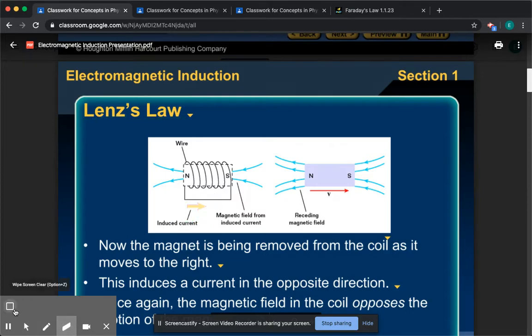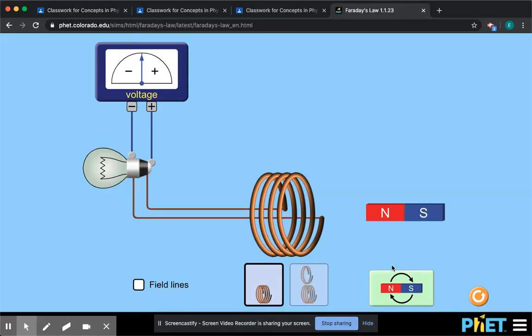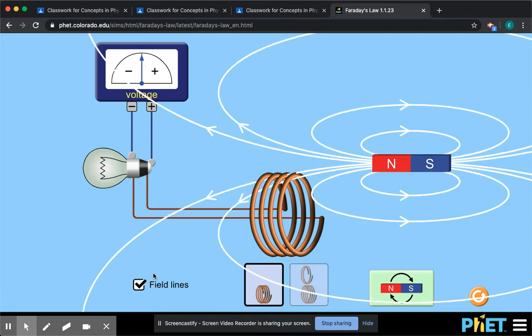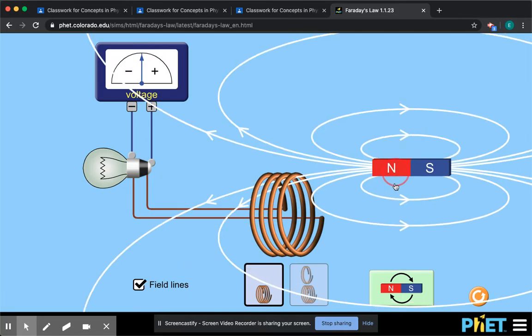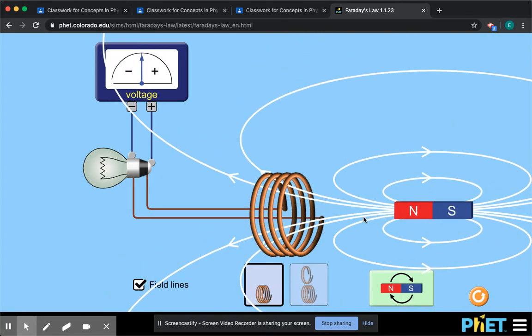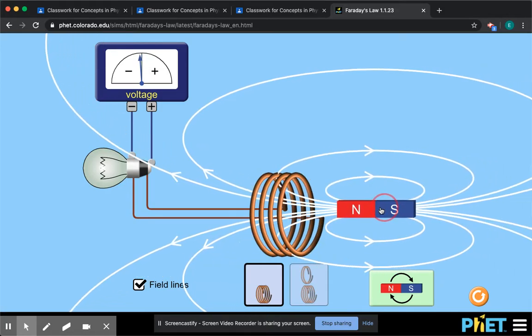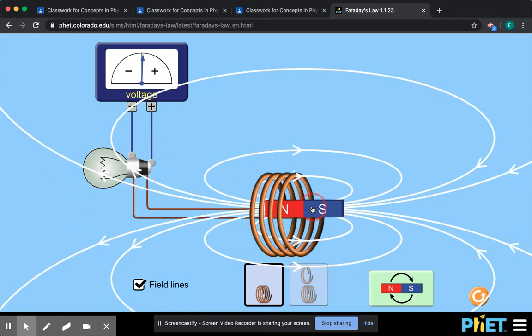Okay, and there's a little simulation you can use to show this. Here I have my virtual magnet. I'm going to turn on the field lines, and you can see that the field lines come out of the north. As I pass it through, look at the voltage meter.